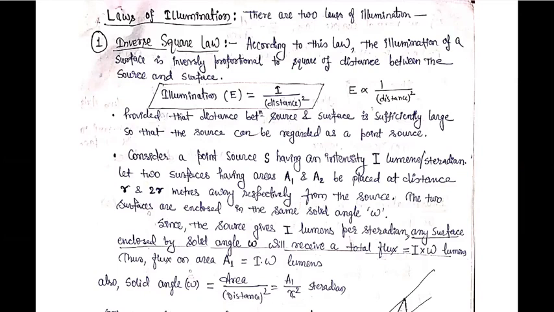The first one is the inverse square law. According to this law, the illumination of a surface is inversely proportional to the square of the distance between the source and the surface.